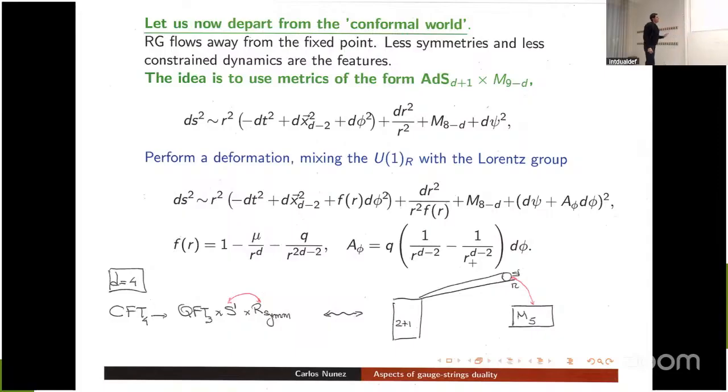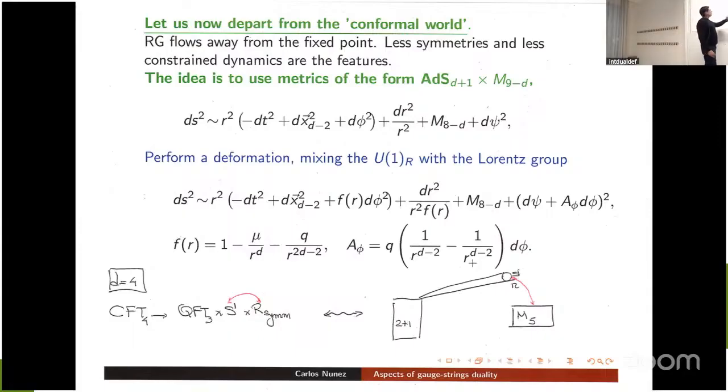I repeat, the idea here is starting from a 4D CFT, that's the AdS5 on top, ending up at low energies with a quantum field theory in 3D times a circle of finite size, and this circle is twisted, which is a way of saying mixed, with the R symmetry direction, and that's what this one-form does.